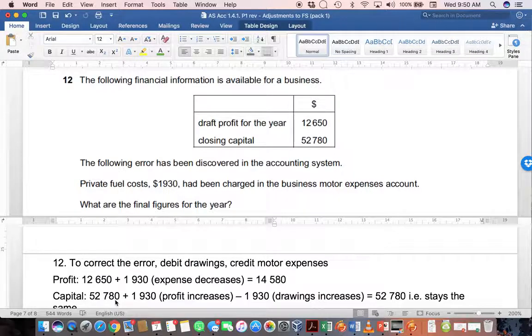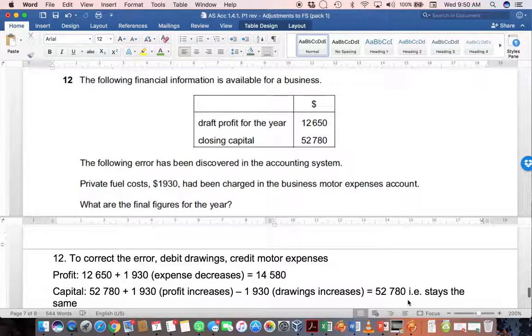Your capital will be your 52780 that you start with, and in actual fact it's going to stay the same, but let me explain why. Firstly, your profit is getting bigger, so you would add your profit on. However, your drawings is going to increase, and so therefore your drawings, which decreases capital, needs to be minused. So this increase in profit and the drawings that is taken out actually offset each other, and that means that the 52780 actually stays exactly the same.